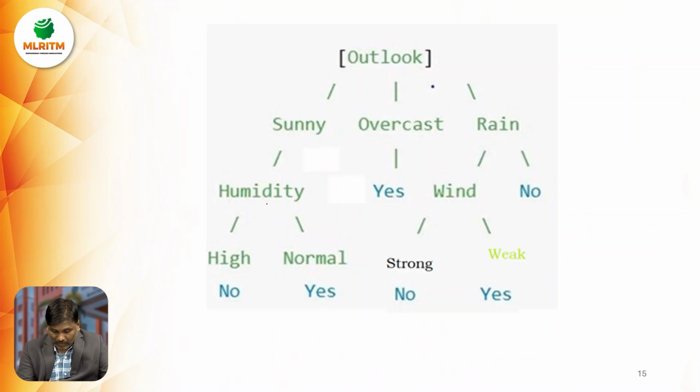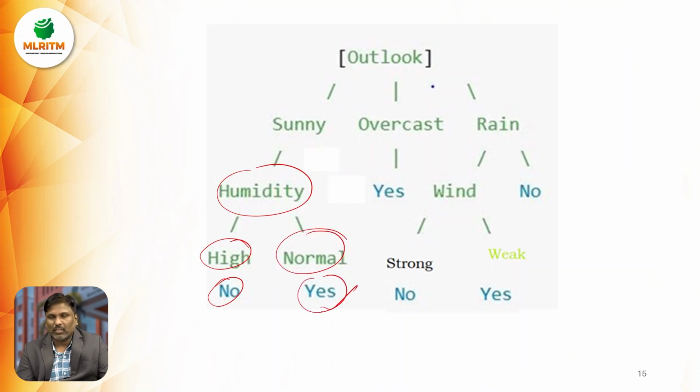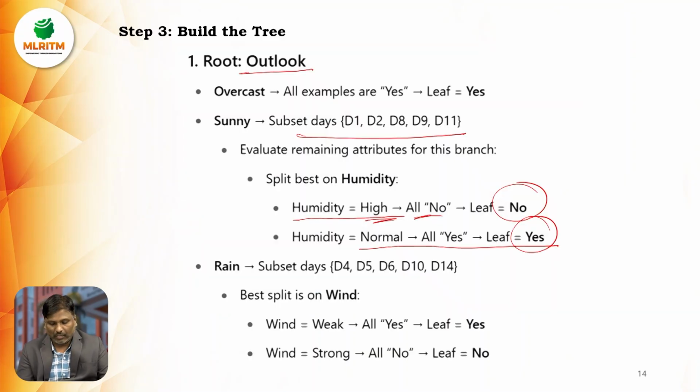So guys, after sunny, I considered the branch node as humidity. When humidity is high, my leaf is no. Whenever humidity is normal, my leaf is yes. So by the analysis process, we can easily identify this in spite of measuring all the calculations.